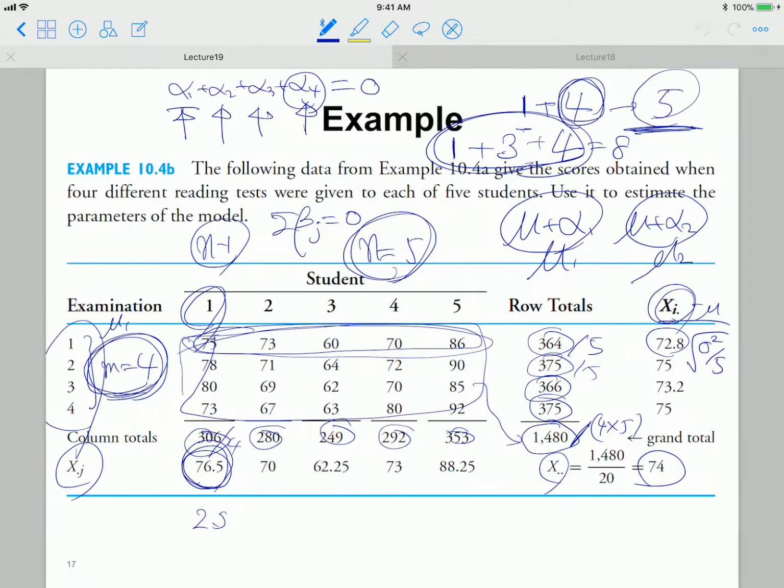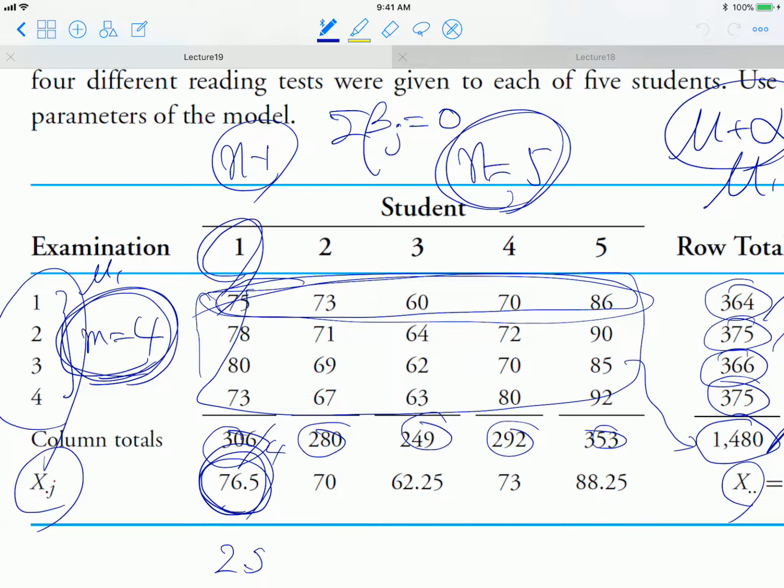In this case, for a particular student and particular exam, how many observations do we have? Only one, corresponding to each cell, right? But what about this situation where each cell has multiple observations? That actually makes it meaningful to consider the interaction term.